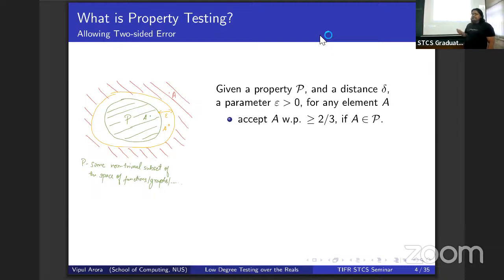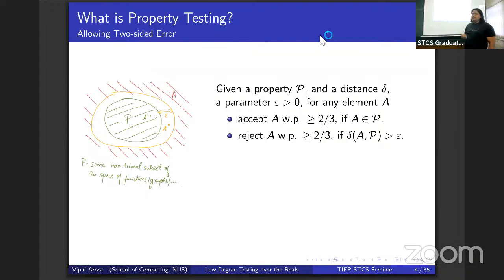And for any such element A, you want to accept A with high enough probability if A is a member of P, and reject A again with high enough probability if the distance of A from P is at least epsilon. So the notion of distance is dependent on the domain. We'll see what appropriate notions of distances are.